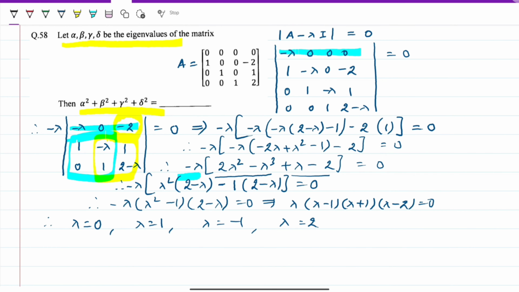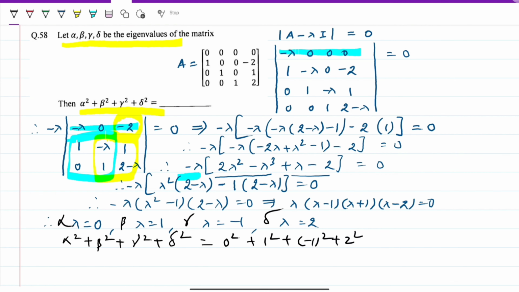Now as per the question, we are going to call this as say alpha, beta, gamma and delta, and we are looking out for the value for alpha square plus beta square plus gamma square plus delta square. So that's going to be 0 square plus 1 square plus negative 1 square plus 2 square. So this is 1 plus 1 is 2 plus 4, that is 6. So thus for question number 58, 6 is the correct answer, and once you get this you fetch 2 marks.